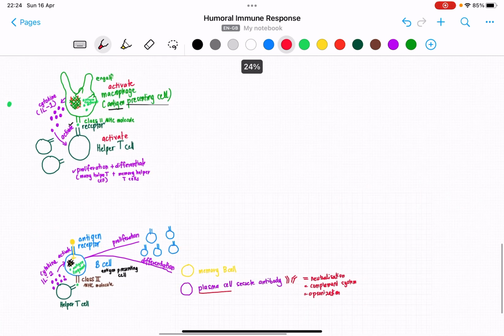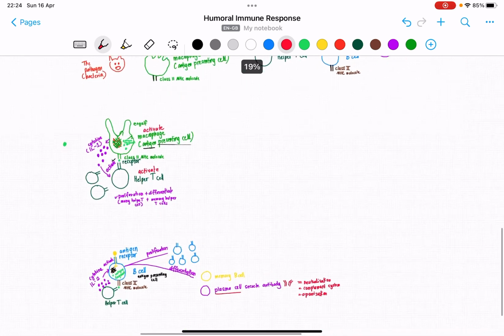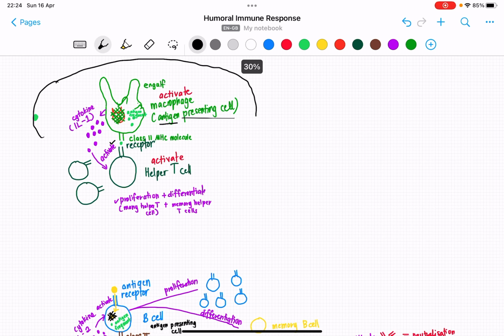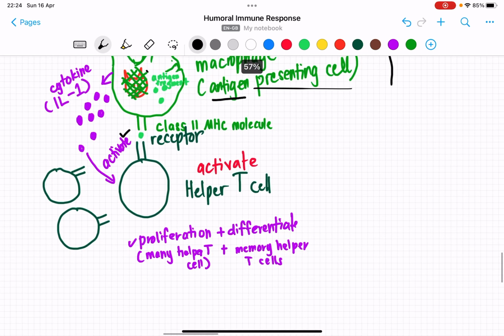Alright, so that's it. In conclusion, if you want to write an essay, you're going to talk about this part first: how the macrophage engulfs the bacteria, digests the bacteria, and then displays the antigen fragment on the class 2 MHC molecule, and then the helper T cell binding to the class 2 MHC molecule with antigen fragment.